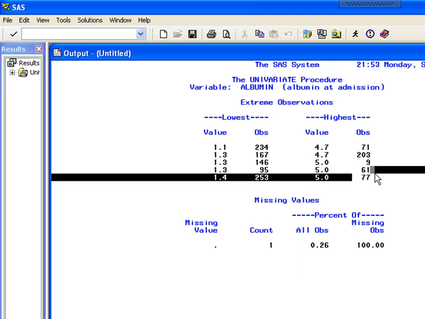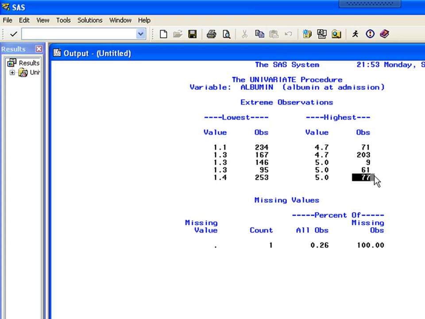So this 5.0 occurred 3 times, and it was observations 9, 61, and 77 where the albumin level was highest. And so you might want to go back, if you thought 5.0 was an unusual value, and study the data records for observations 9, 61, and 77.